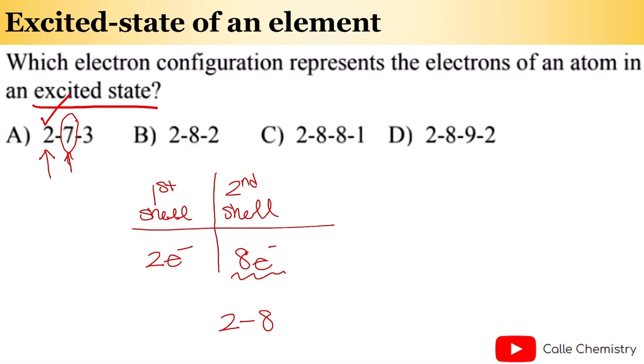So when we see that it has 7, that means that 1 electron jumped to the next shell, and this one represents an electron configuration in the excited state. So A is our answer. The rest have the first and the second shell with the maximum number of electrons, so we don't need to worry about any of those. A is our answer.